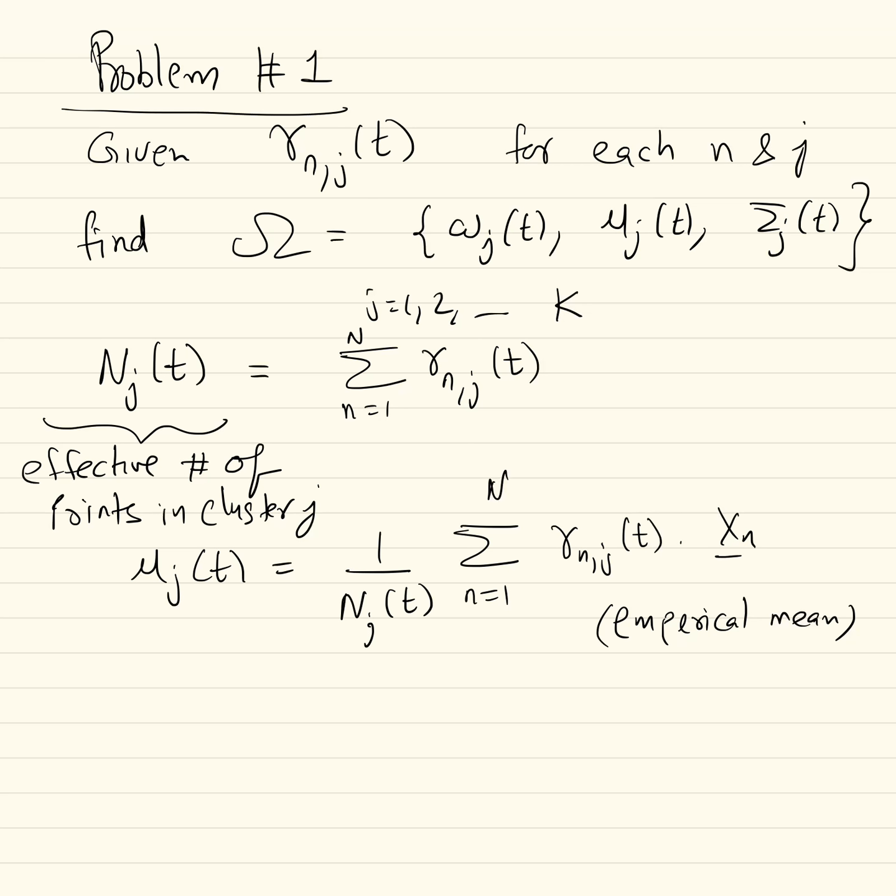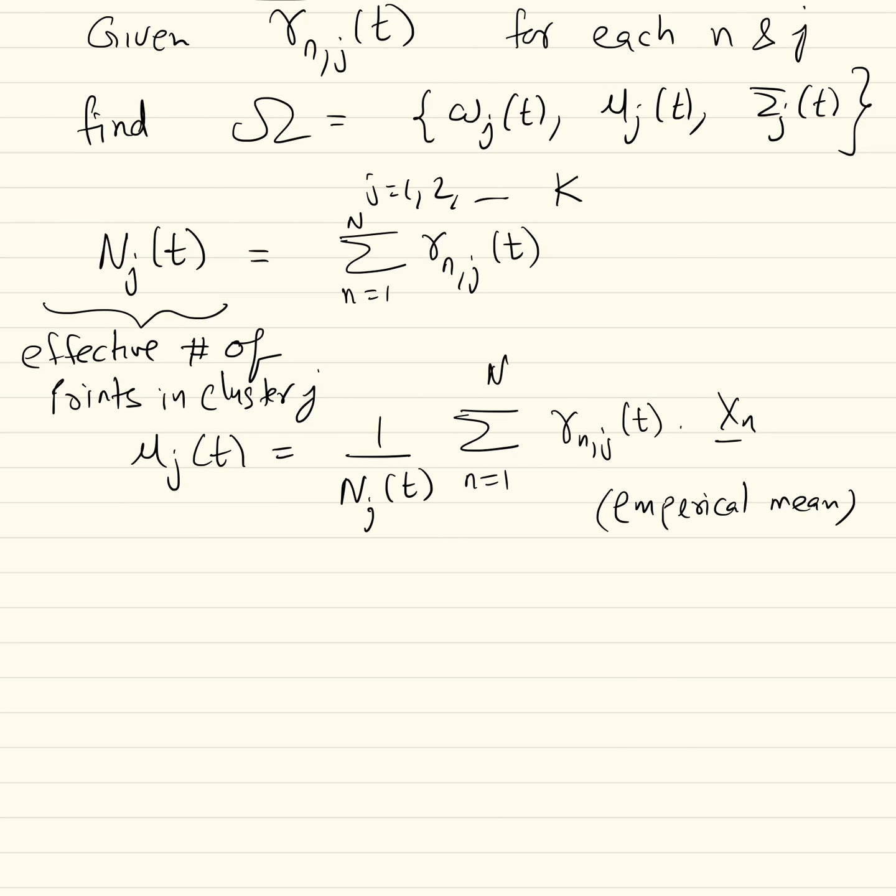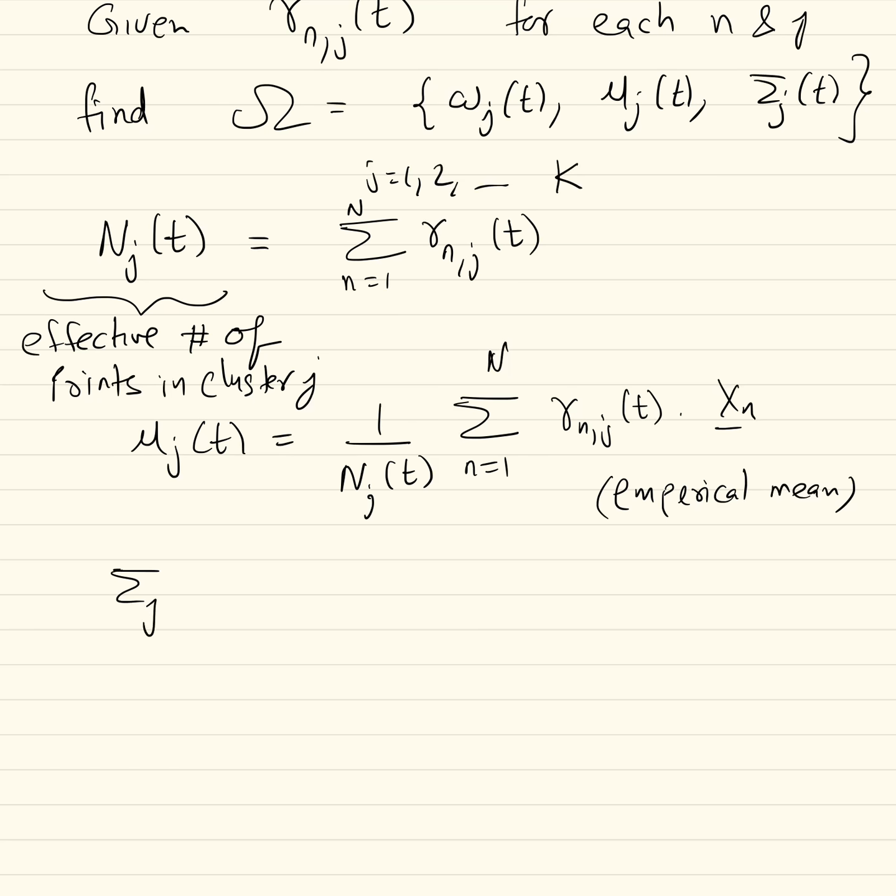And you're dividing again by the effective number of points. So this is again a direct generalization of the hard partition EM. Sigma j of t is again the empirical estimate, which is the same thing as before, but we have to account for the fraction.